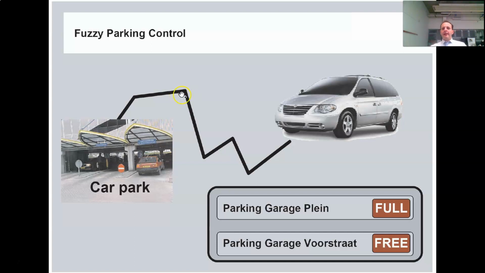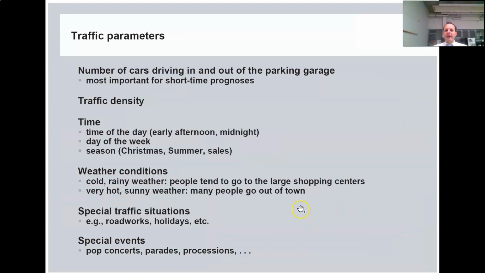So it provides the information on the status of your car park. For example, whether it is full or free. And of course, the conditions of your car park depend on the number of cars that are entering and leaving the garage.